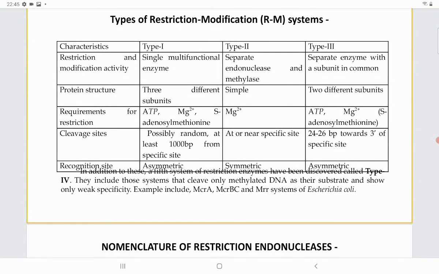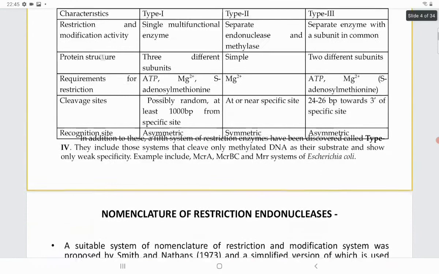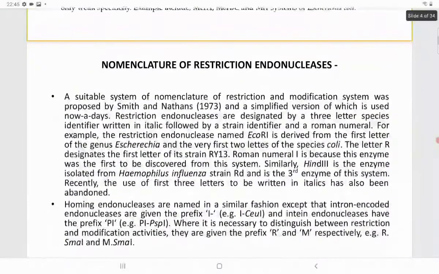There are some examples, like McrA, McrBC, and Mrr, isolated from Escherichia coli itself, which are examples of this type 2s restriction modification system. Among these four types of restriction endonucleases, type 2 is useful for the purpose of cloning or genetic engineering.